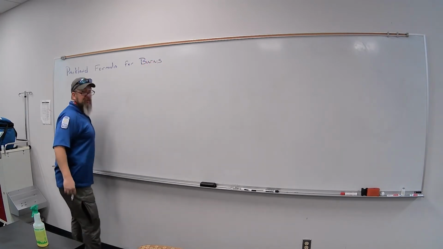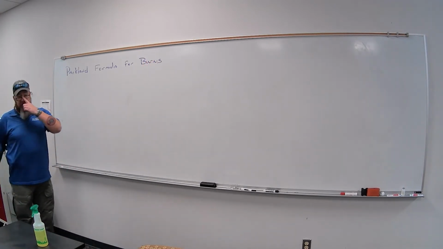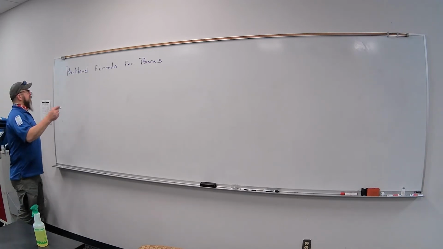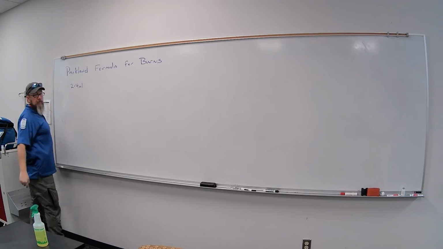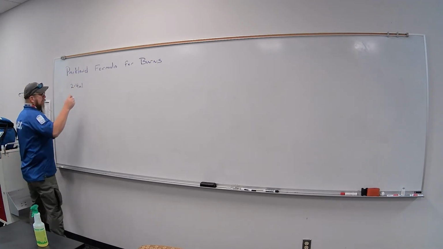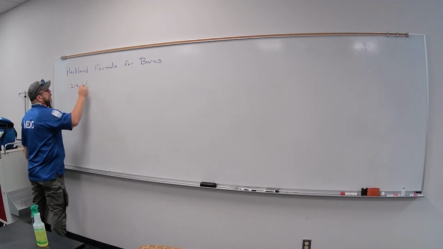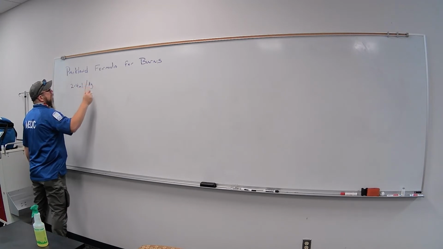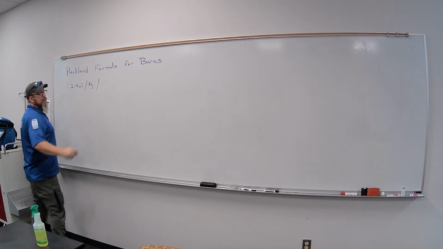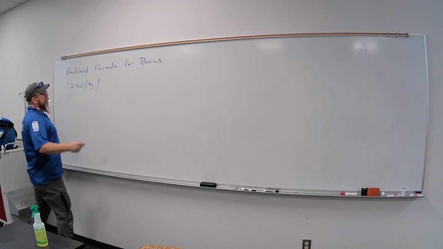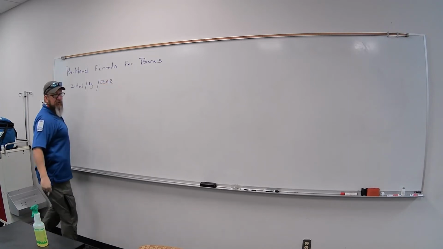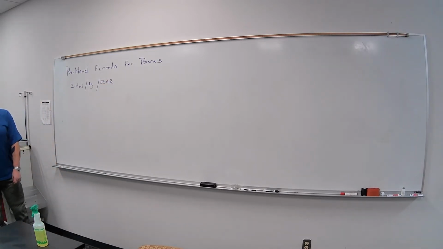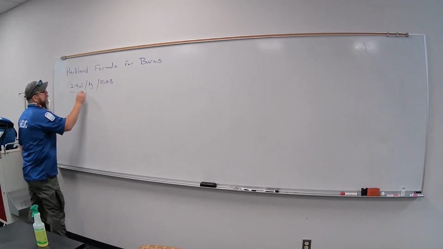Okay, so Parkland Formula for burns, 2 to 4 mLs per kilogram, times total body surface area burned, and then that goes over 2.